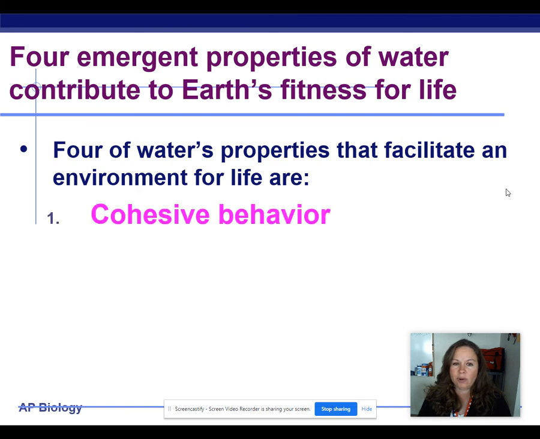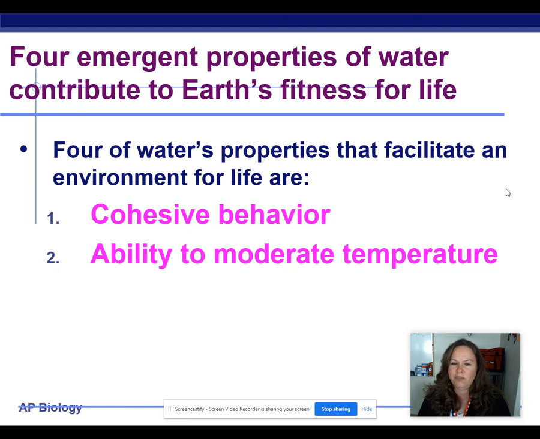So 4 of our properties really to hit home here: the cohesive behavior, that those molecules like to stick to one another or even stick to other things. The ability to moderate temperature on Earth. Those hydrogen bonds kind of resist changes and they absorb some of the energy for us or resist giving up the energy.